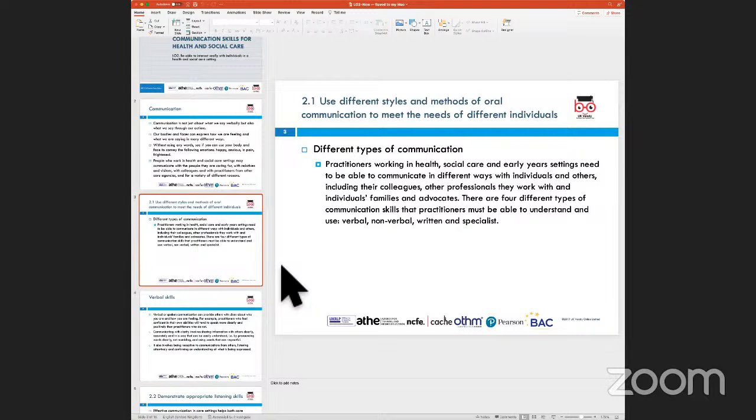Now, there is also a type of communication which can be termed as non-verbal communication, and it would basically consist of things like body language.